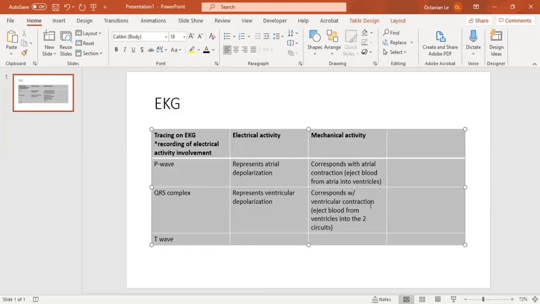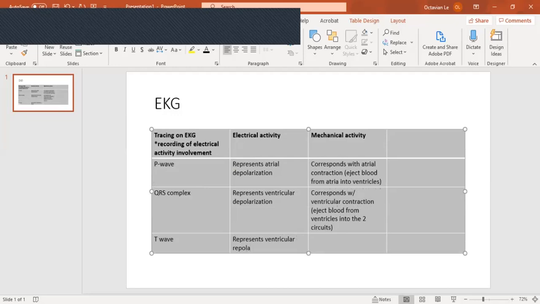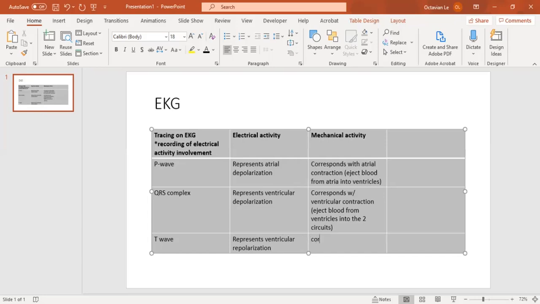And the last one would be the T wave. The T wave represents ventricular repolarization, which corresponds with the ventricular relaxation.